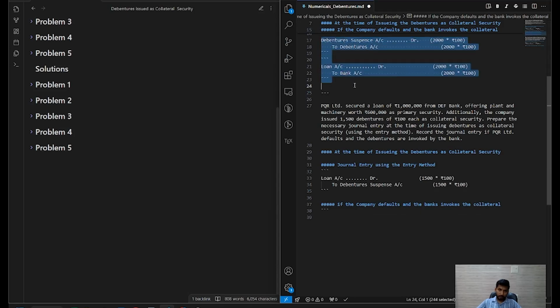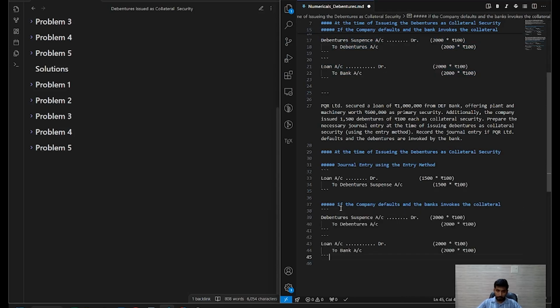That is the debenture suspense account, but in this case it will be 1500 debentures in here and 1500 debentures. Similarly, the loan amount will be 1500 and the bank account will be 1500.